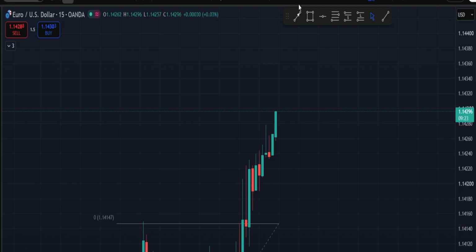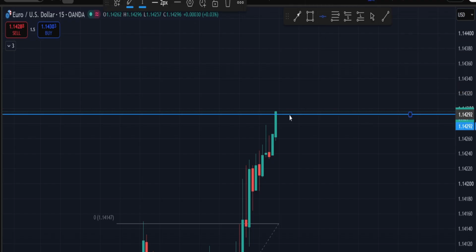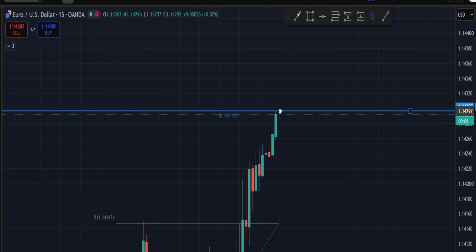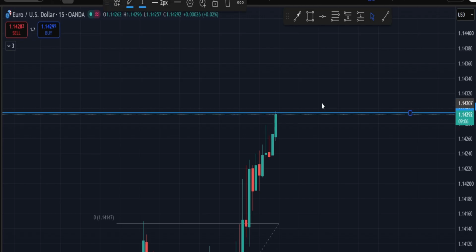The market is virtually almost at my take profit, somewhere around this area, 1.14294. I believe that before today's candle closes, my take profit is going to be hit.